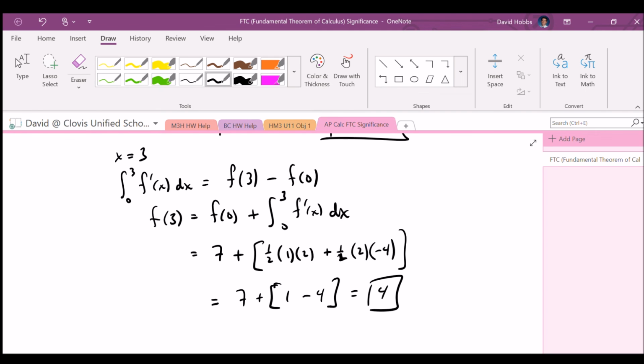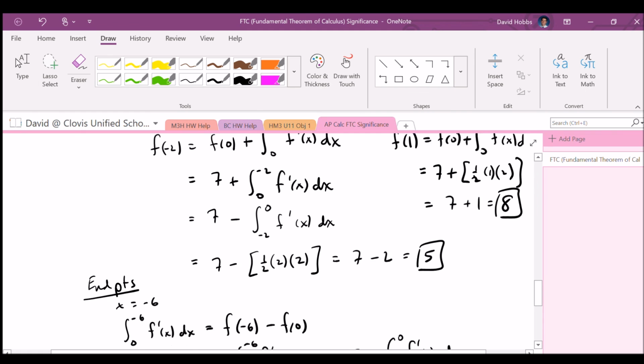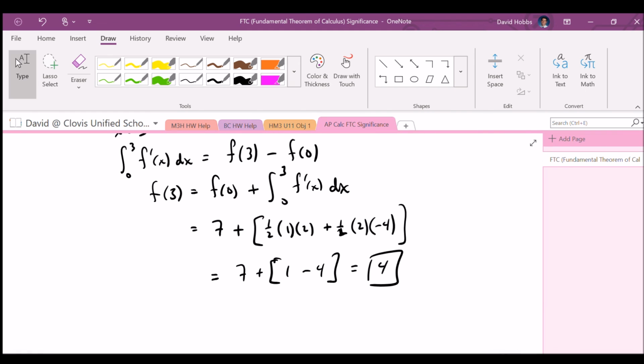Okay, now we've calculated all these values, and so all we're doing is looking for which one's the biggest and which one's the smallest. 4 appears to be the smallest. So here is my absolute minimum on negative 6 less than or equal to x less than or equal to 3, at x equals 3.